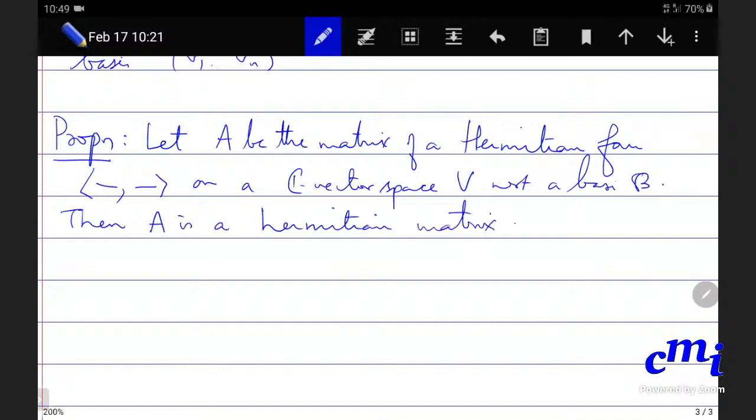So that's the first observation. But why are we concerned about this matrix?